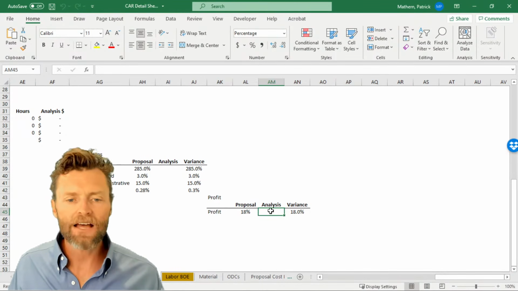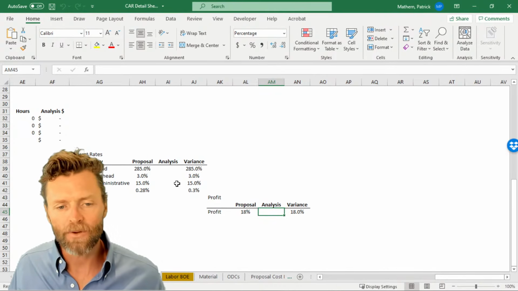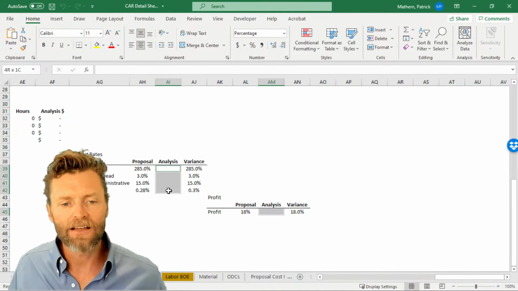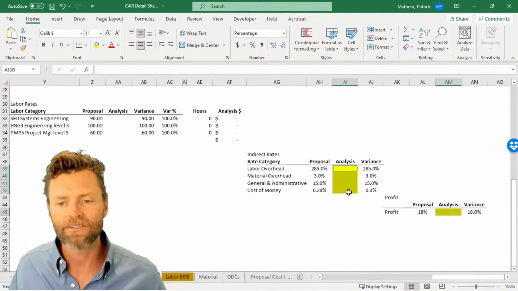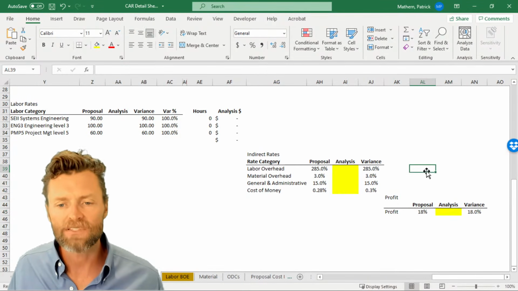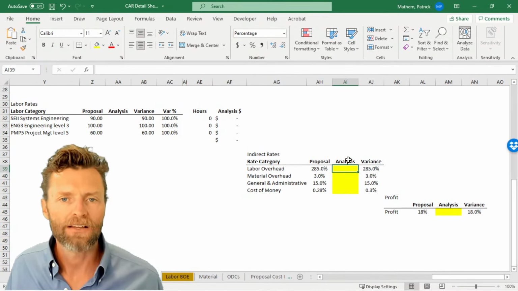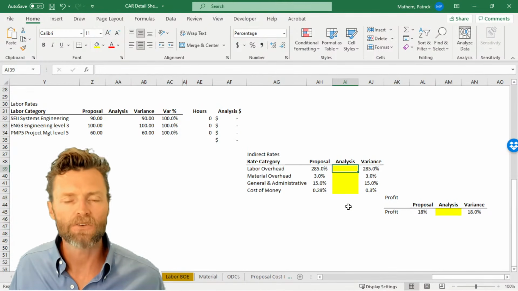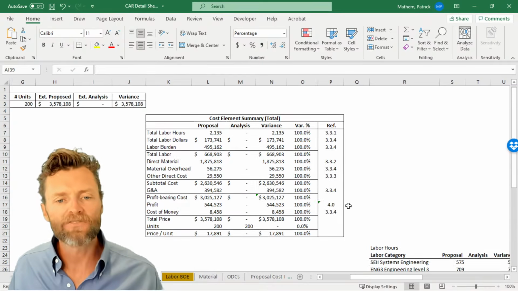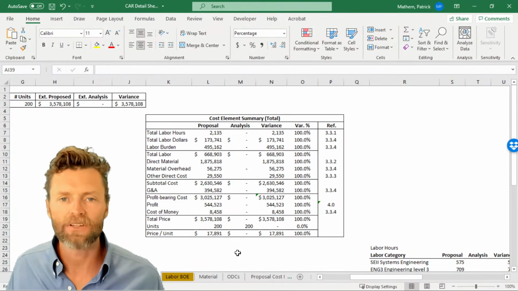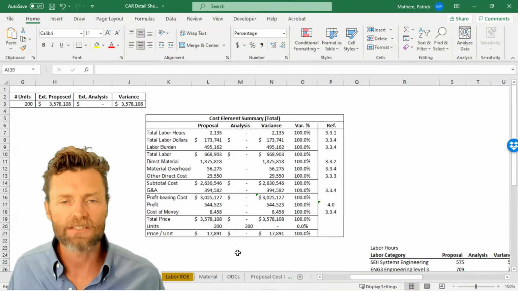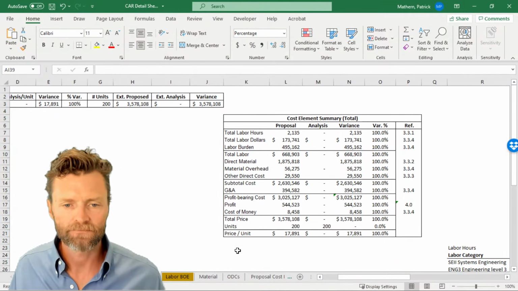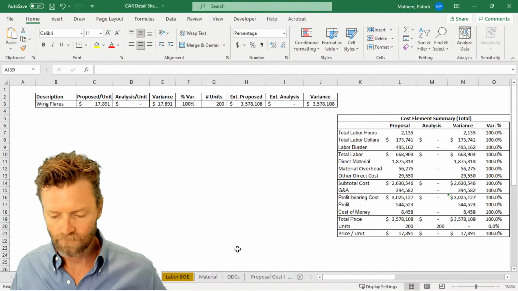As I go through this, sometimes we'll highlight these in yellow so that we can quickly see at first glance what we are still missing. Once we complete these things, we can turn them white. As those are filled in, this table will get filled in, and you'll have your price analysis price just based on the data that you put in those worksheets.